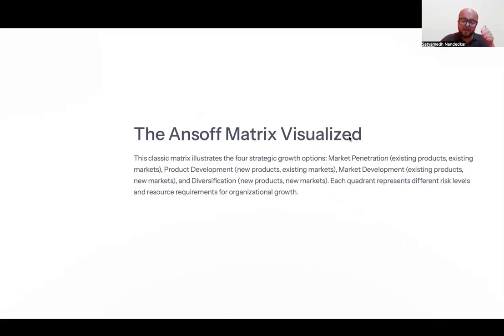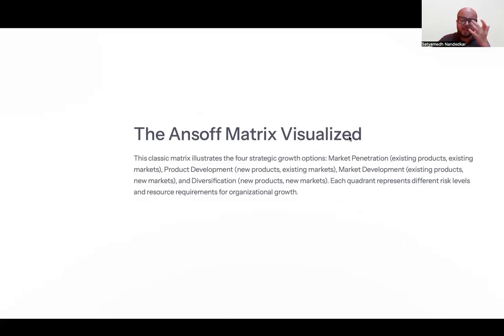Market penetration, selling more of existing products in existing markets. Satyamed lowering his prices for a batch and trying to reach more and more students of ACCA, market penetration. Product development, creating new products for existing customers. I develop a paid mock evaluation package, existing students, but a new product. That's product development.